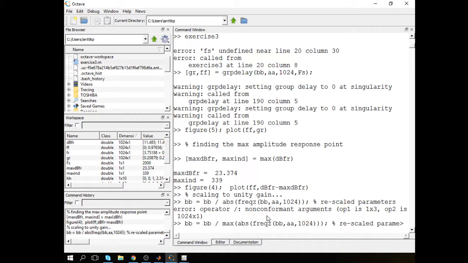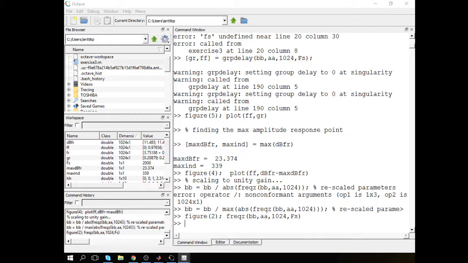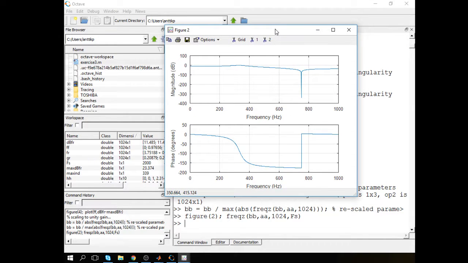So you divide the current B parameters with the maximum amplitude response. There we go. Then we can do the frequency response again. Well, where was my, there's those plots. Frequency response there. And yes, now it's a unity gain system.